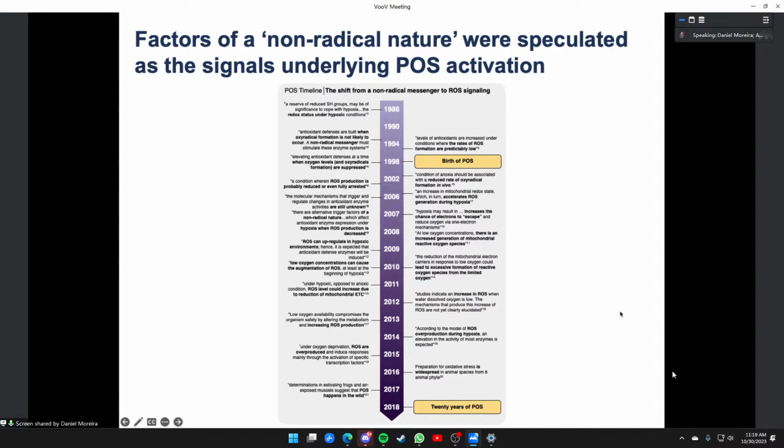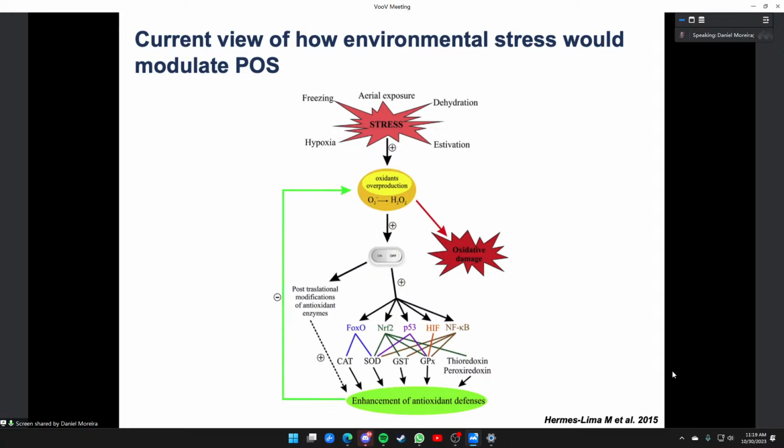So in 2015, we revisited the preparation for oxidative stress hypothesis and proposed that, in fact, these environmental situations associated with metabolic depression would induce an overproduction of reactive species that would then activate the expression of antioxidants in animals that use metabolic depression as a survival strategy.